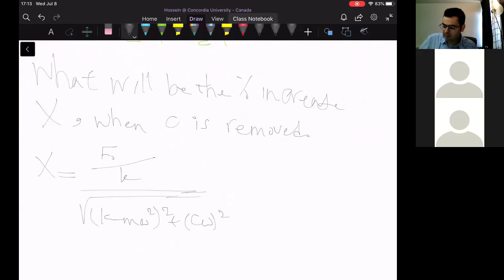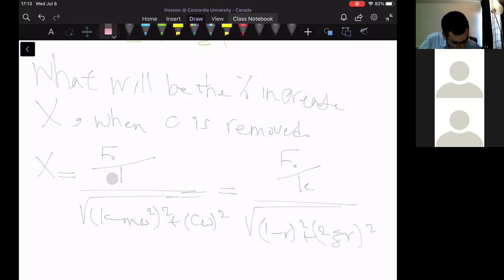Or you could use the dimensionless formula, which is better. The dimensionless formula is X equals F naught over K, divided by the square root of (1 minus R squared) squared plus (2 zeta R) squared. I made a mistake, sorry, here.